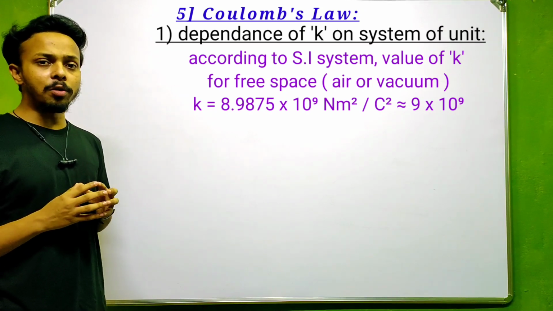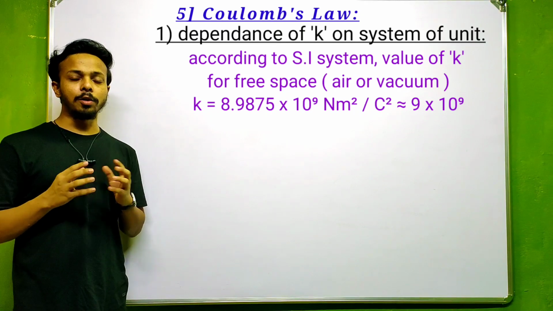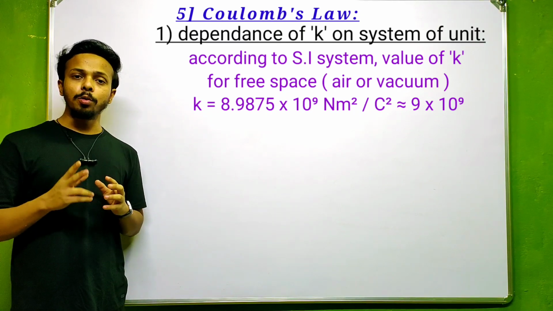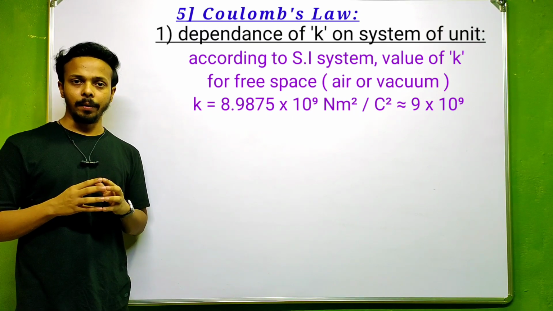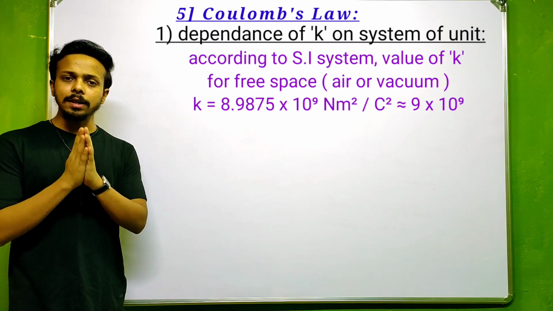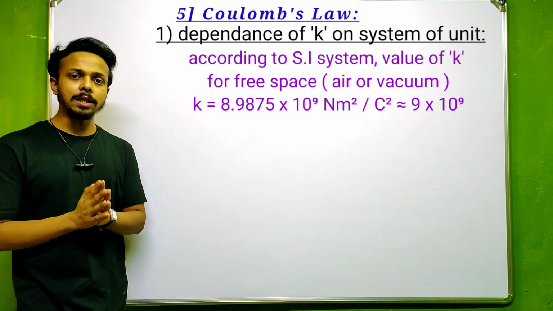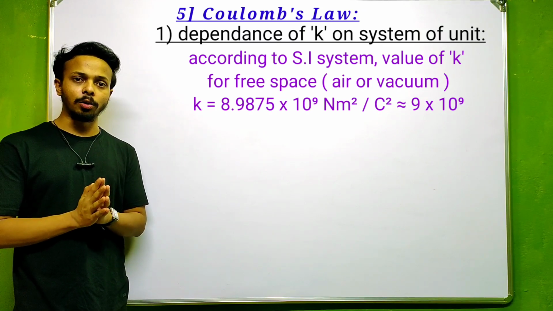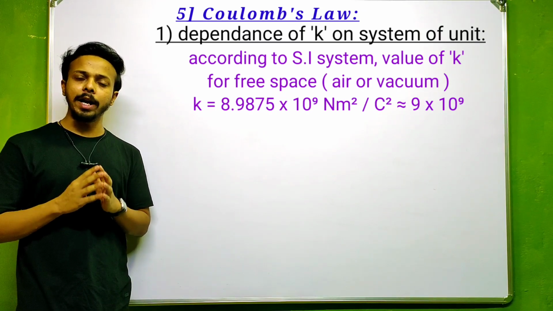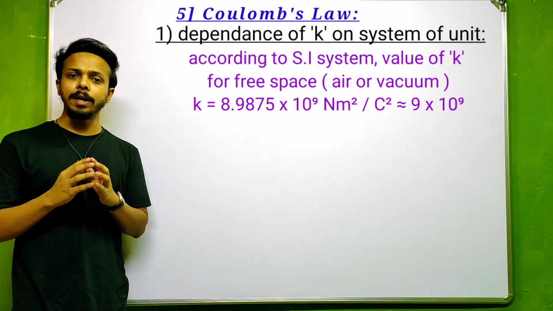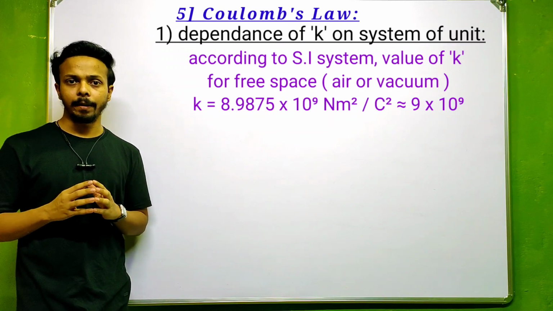So what should be the unit for this? The unit is Newton meter square per Coulomb square. So according to the SI system, if the charges are present in free space, then the value of K is equal to 8.9875 into 10 to the power 9 Newton meter square per Coulomb square.